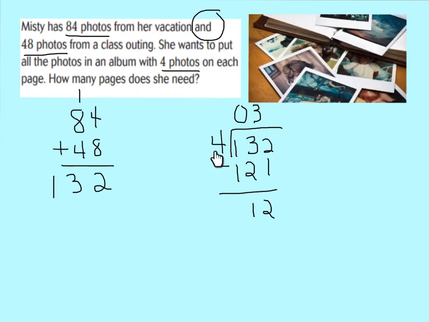So it says 4 into 12 goes 3 times. And now I will multiply 3 times 4 is 12. And when I subtract, I have no remainder. So the story problem was asking how many pages does Misty need? And she needs 33 pages for all of her pictures.